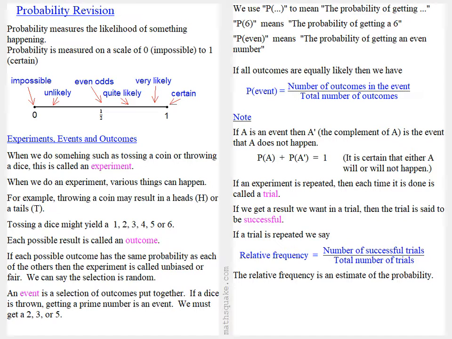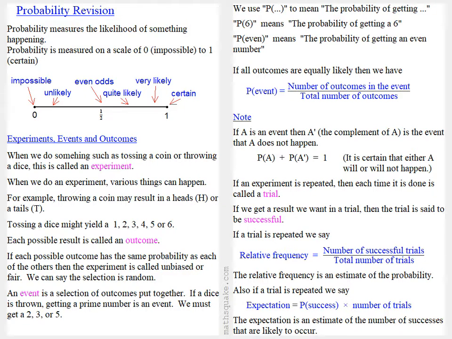The relative frequency can be taken as an estimate of the probability. Also, if a trial is repeated, we say the expectation is equal to the probability of success times the number of trials. So the expectation is an estimate of the number of successes that are likely to occur.